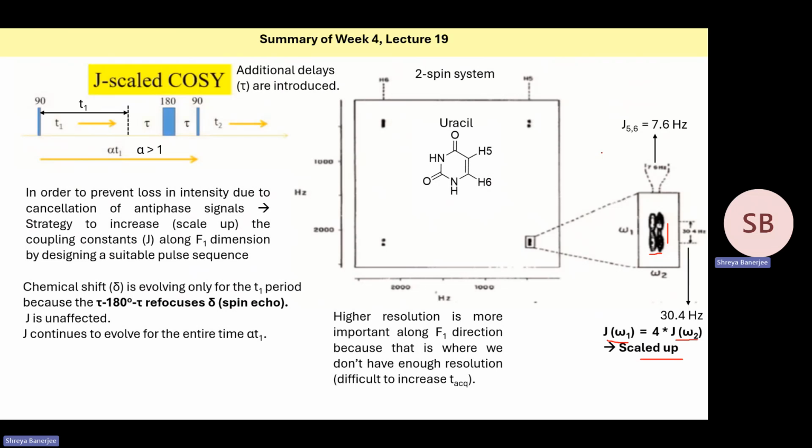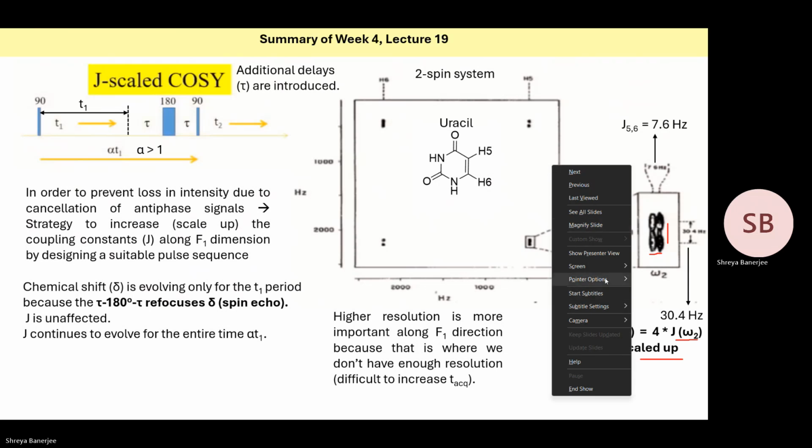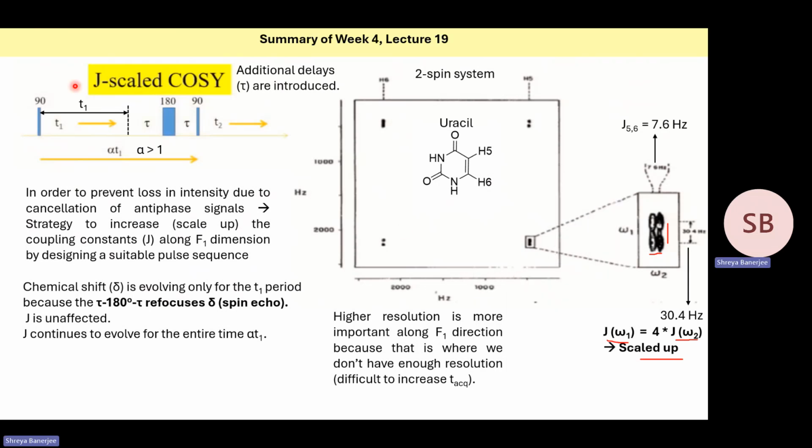It is easy to increase resolution along F2, but it is difficult to increase resolution along F1. So by doing the J-scaled COSY, the resolution along F1 is able to be increased. That is the advantage of J-scaled COSY.